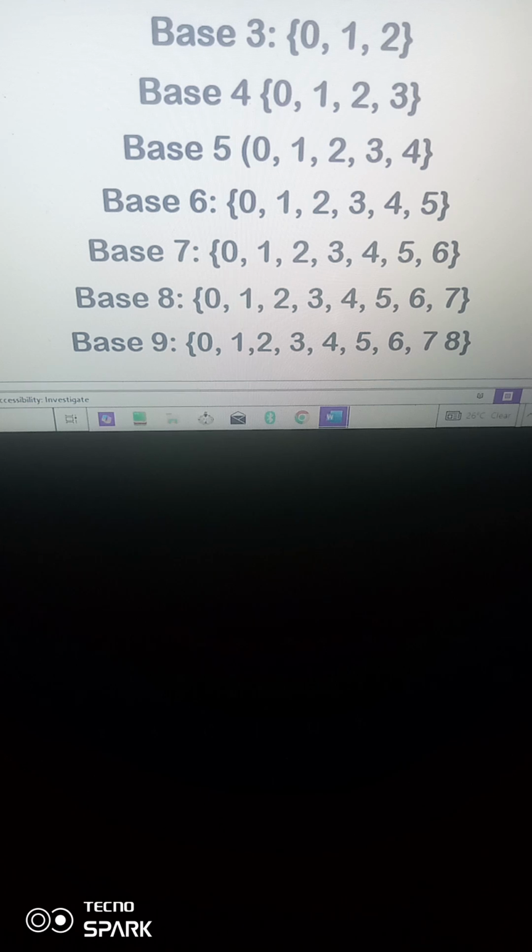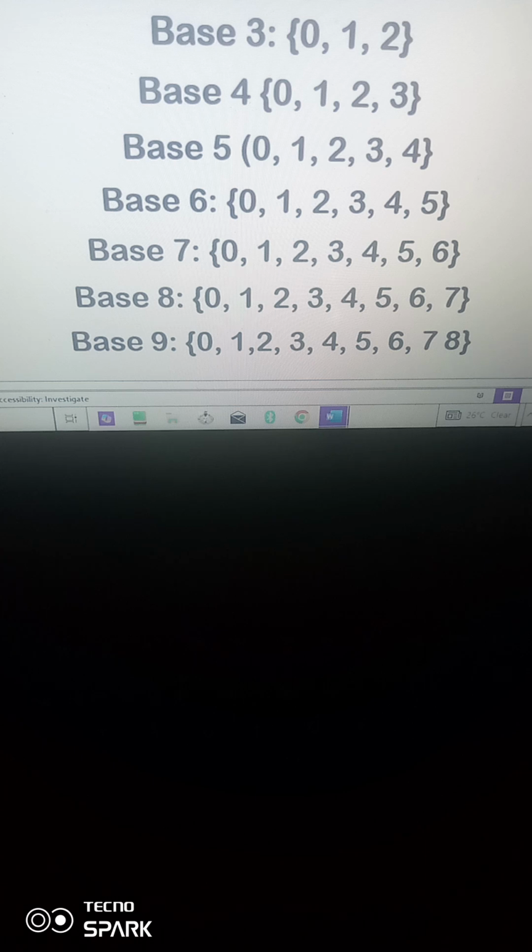And in base 10, the digits are 0, 1, 2, 3, 4, 5, 6, 7, 8, 9. One thing is common in this representation: each base begins with 0 and ends with the base less than 1.